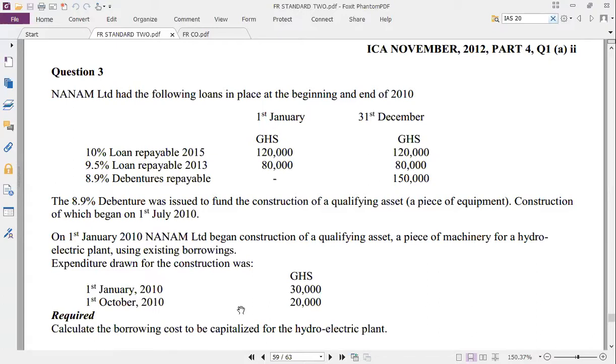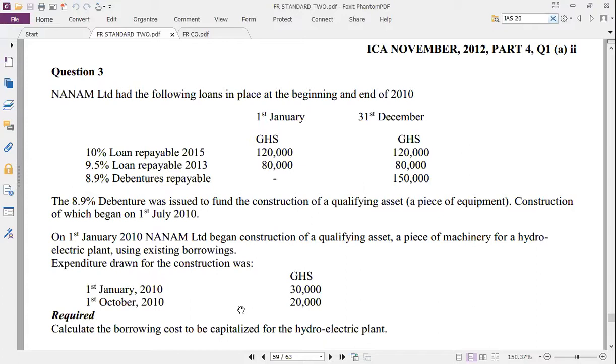If the loan has already been contracted and we are using it, that means it's not free. One of them is the 8.9% debenture. They secured it for a particular purpose. We cannot go and pick it.